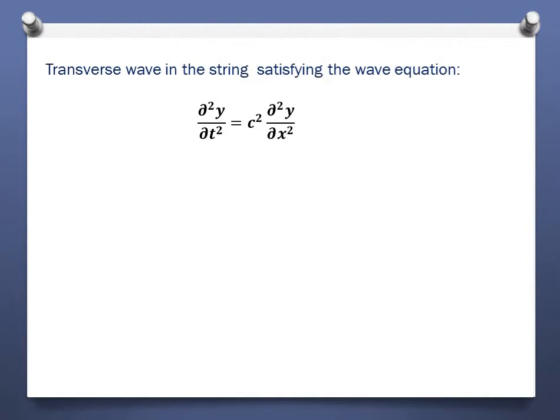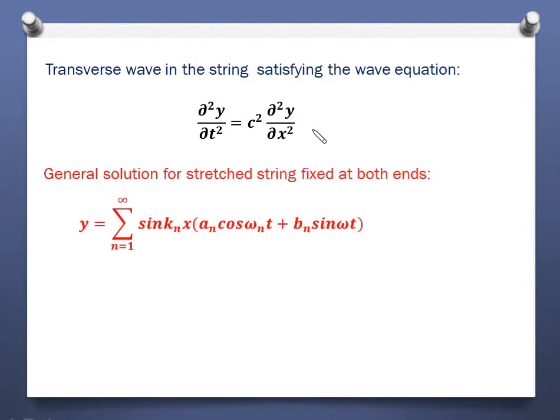Now this we know, this is the transverse wave equation in a string. This I have already derived in lecture 1, and the solution of this equation in the case of a stretched string is given by this, and this I have derived in lecture 2.